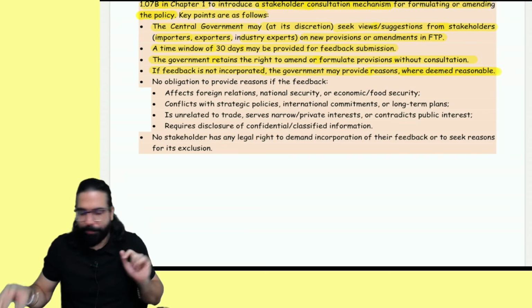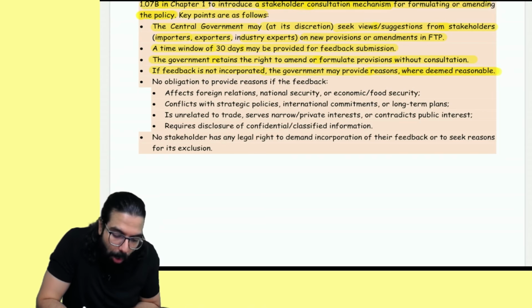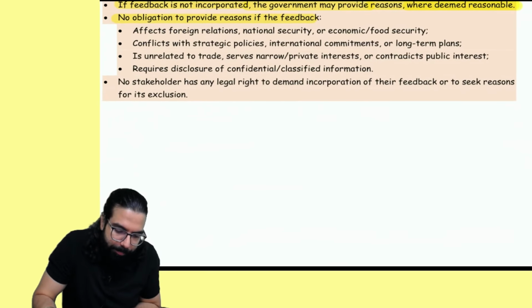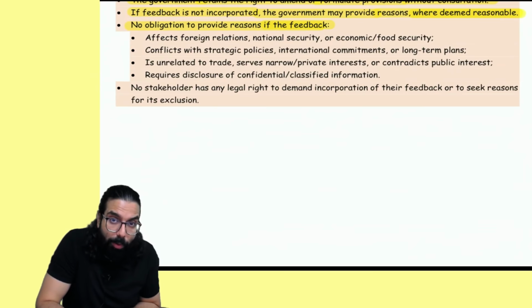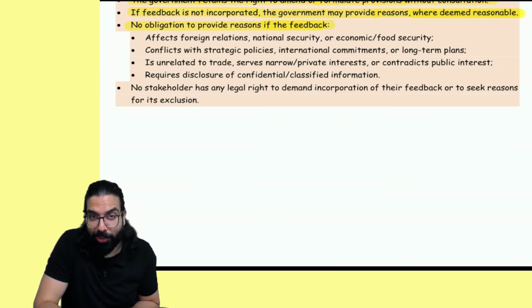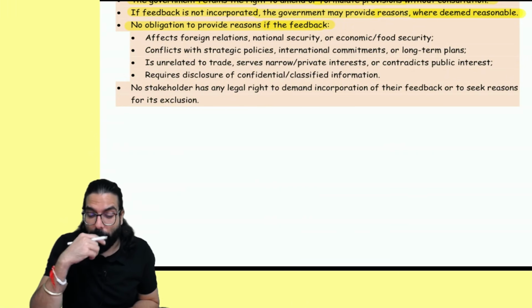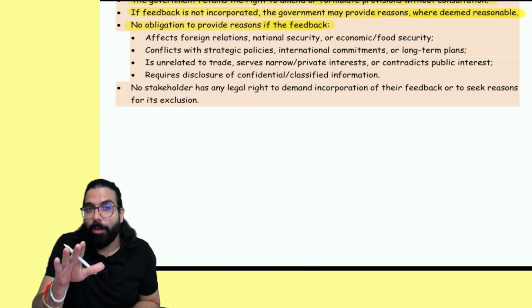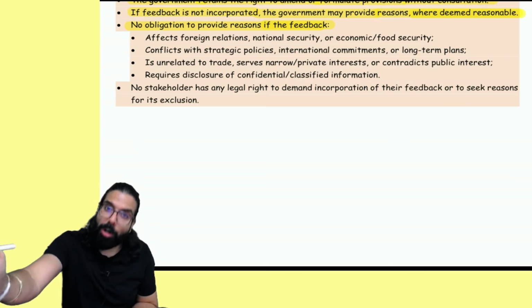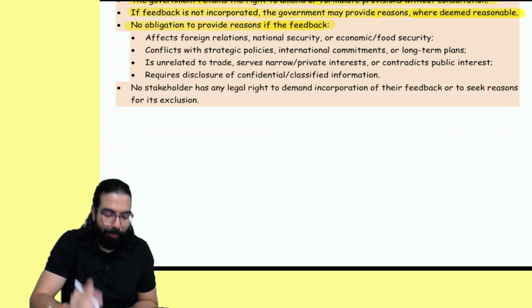Okay? Then there is no obligation to provide a reason. If feedback is given on foreign trade policy changes and government does not like it or does not take it, government should give a reason. But sometimes government might not give the reason why we are not taking your feedback.